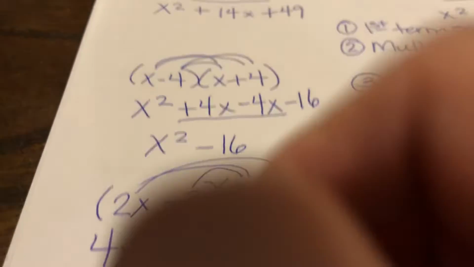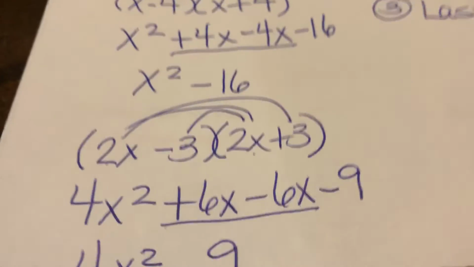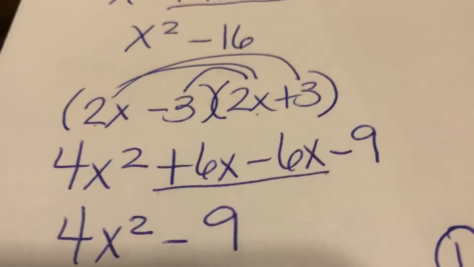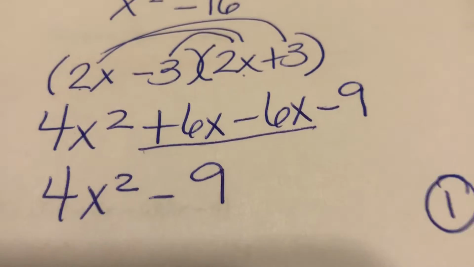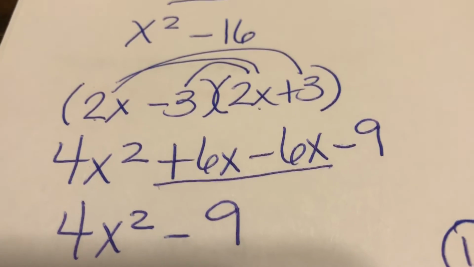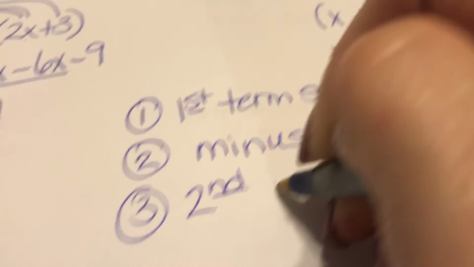These two are going to cancel, and it's going to be 4x squared minus 9. And so if you have this, it's going to be your first term squared. And then it's always going to be minus the second term squared, because the middle terms will always cancel out.